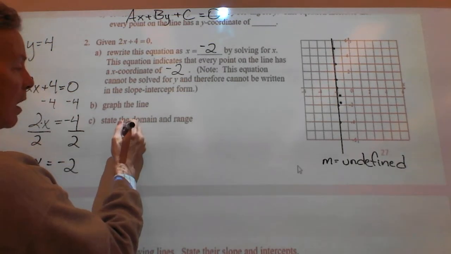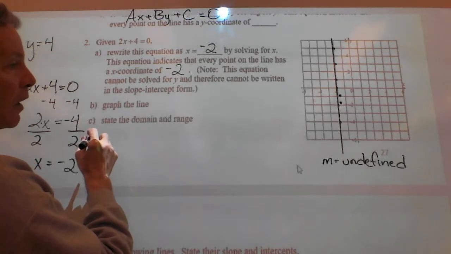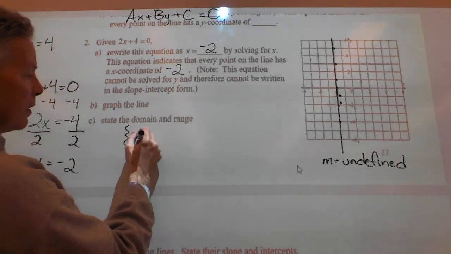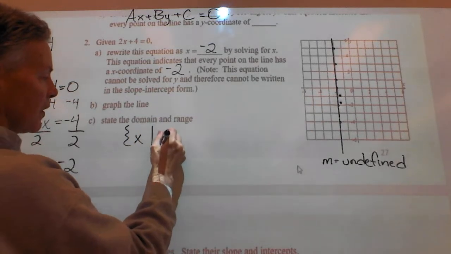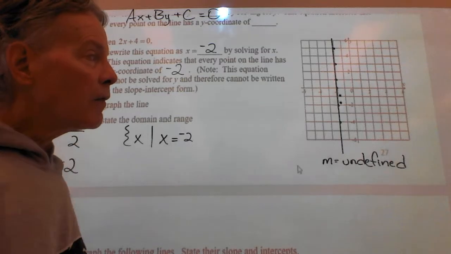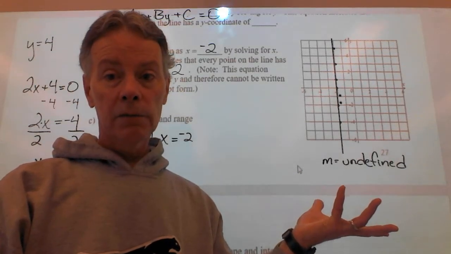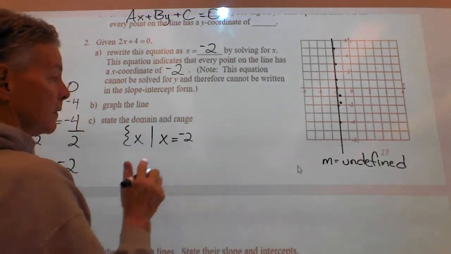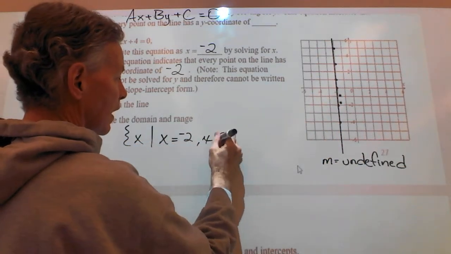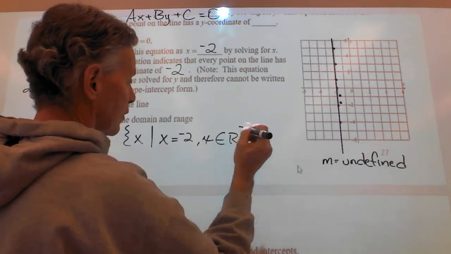Well, our domain is our x values. So our domain is really easy. X values such that x equals negative 2. There's no other values for x, right? Since we have a solid line, we can say x is an element of the set of reals.